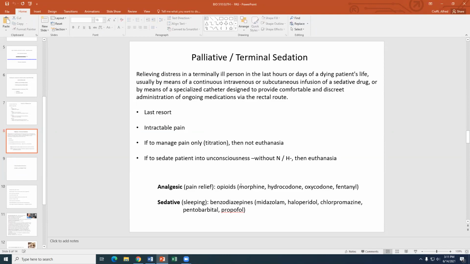And the typical one is morphine, but some people are actually allergic to morphine. So then there are analogs of morphine that are not as addictive and not as allergic. All right, so a sedative is to sedate the person, to put them to sleep, and there are different types of compounds.